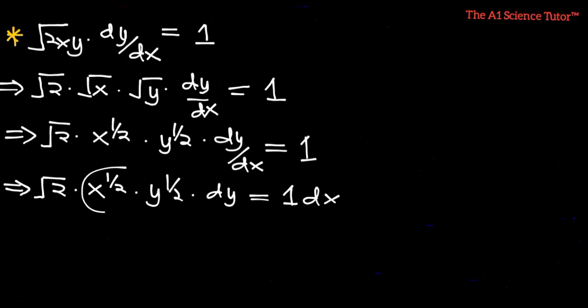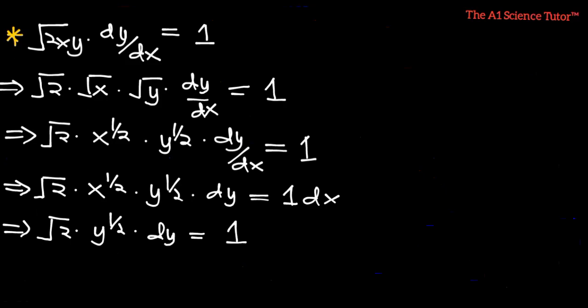Now finally, I need to take x raised to the power of 1 over 2 to the other side. So that will give us root 2 multiplied by y raised to the power of half by dy. And here I'm going to have x raised to the power of 1 over 2, and dx right there. Now, for this one, which is actually a constant, I basically don't need to take it anywhere because it will not make any difference.